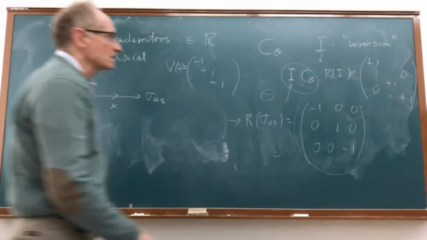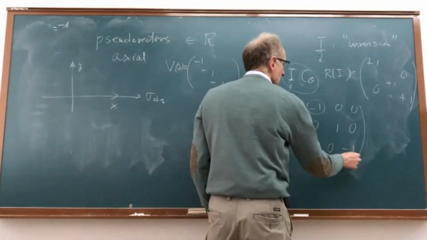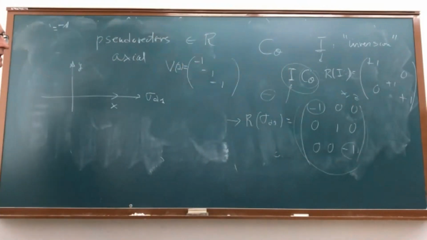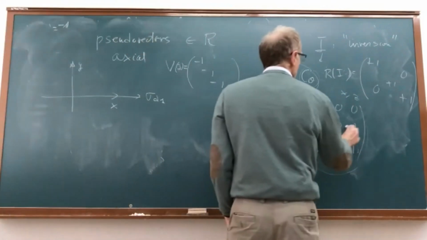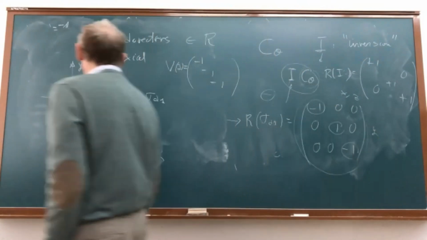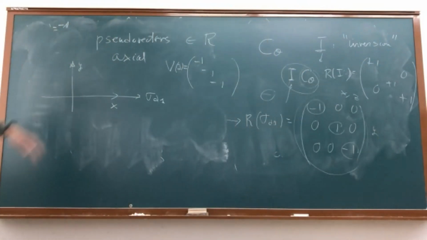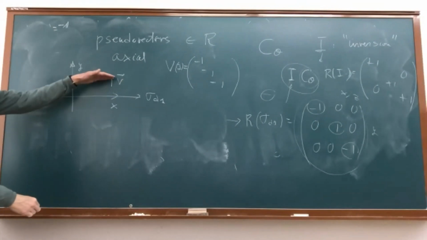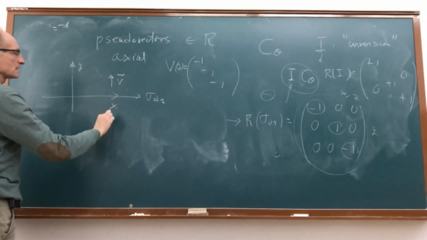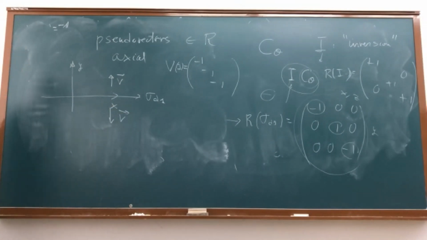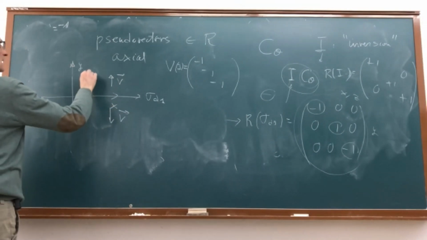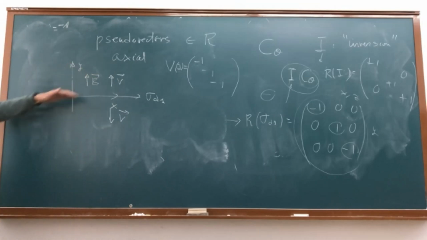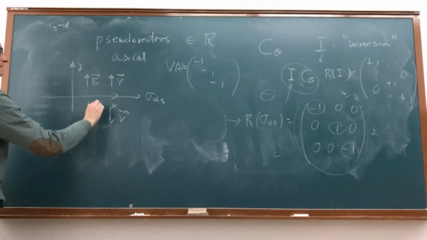So this means that this reverses the x and z components, and it doesn't change the y component. And that's exactly the opposite of what happens for a vector. If I have a vector v and I reflect it on this plane, it becomes this. However, if I have a pseudovector like this, let's say a magnetic field, and I reflect it on the plane, it becomes this.